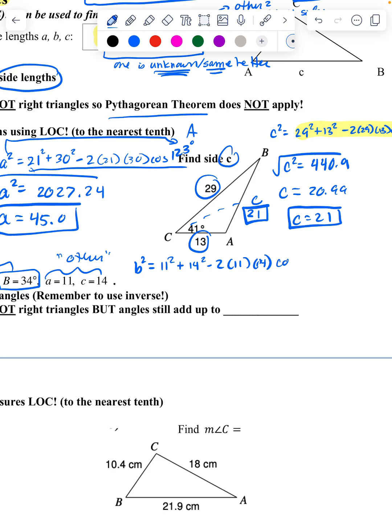Then cosine has to be of angle B since I started with side B. I type the whole thing into my calculator, 11 squared plus 14 squared minus 2 times 11 times 14 times the cosine of 34, and I'm getting that B squared is 61.6. The square root of that gives a B value of 7.85-ish.